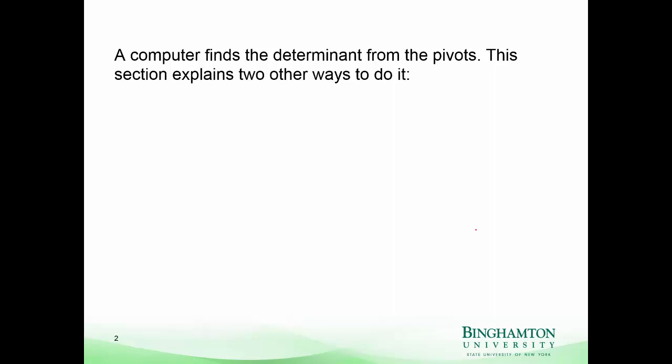So we've already talked about how we can find a determinant from the pivots, and that's actually, if you were to use MATLAB to calculate the determinant of a matrix, it would find all the pivots and then multiply them to give the determinant.